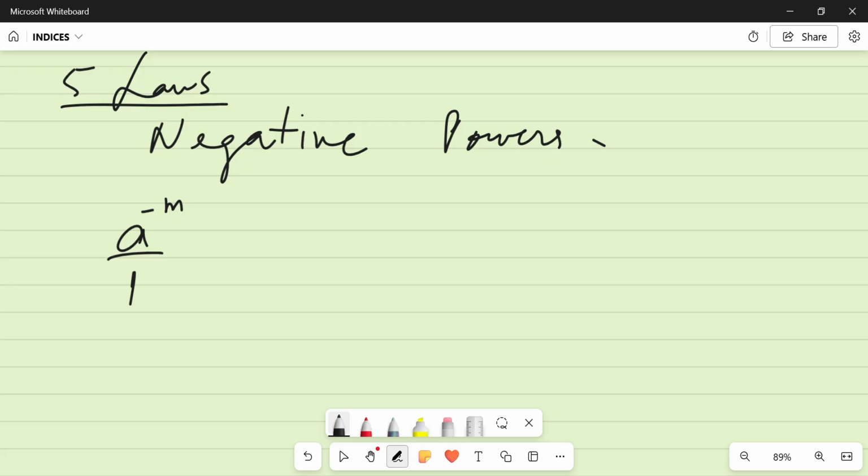So how are you going to make this positive? You take the reciprocal, or you can just reverse them, right? So 1 will be the numerator and a will go down. When a changes its position from numerator to denominator, it will automatically convert into a positive power, right?